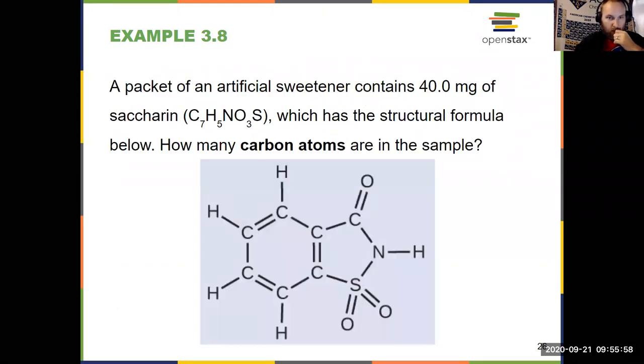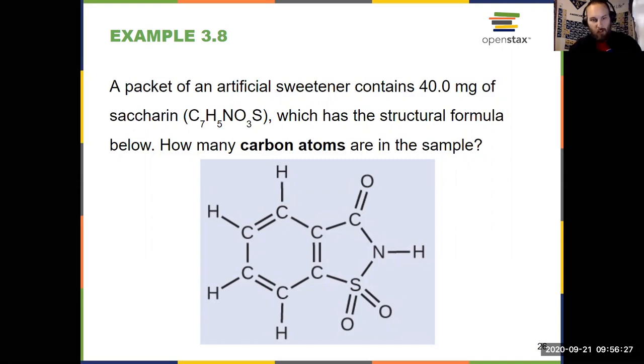One last example, right? A big one to tie all these ideas together. Okay. Packet of sweetener contains 40 milligrams of saccharin, and we do need that formula, C7H5NO3S, which has the structural formula shown below. How many carbon atoms are in the sample? Okay, so this is another one that I will upload a separate video for because it's a multi-step conversion.